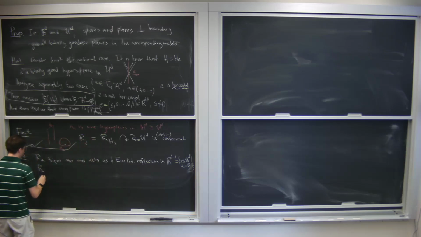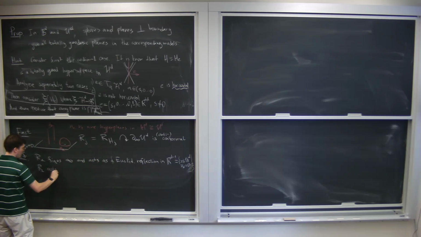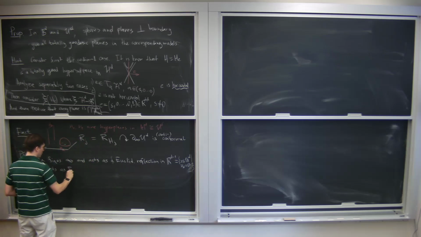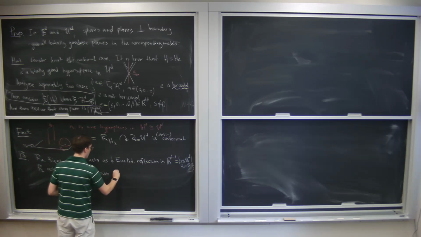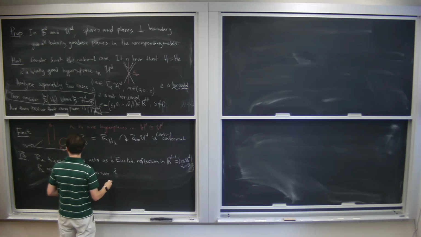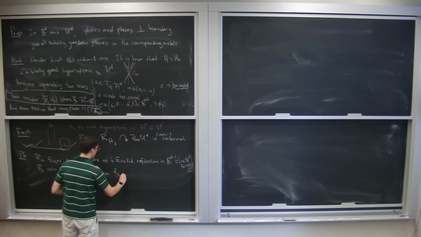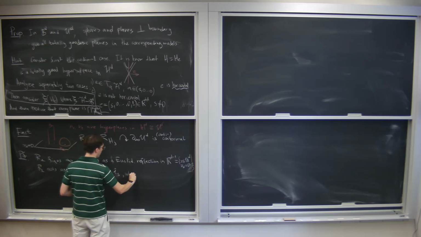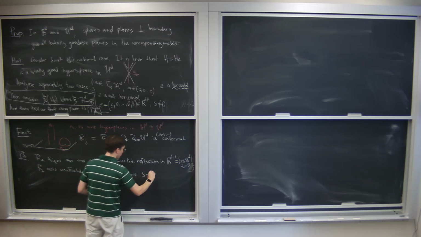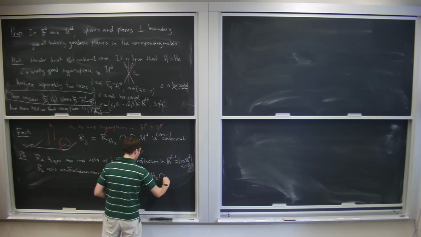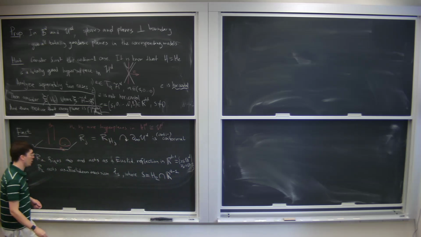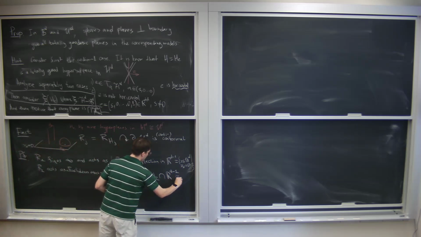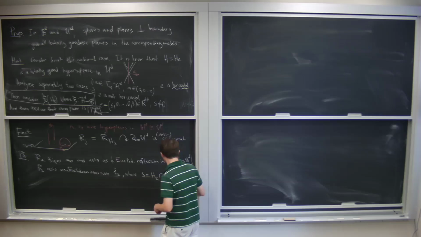Okay, R2 acts as a Euclidean inversion I with respect to small s, where S is the intersection of H2 with the same R^(d-1), right?